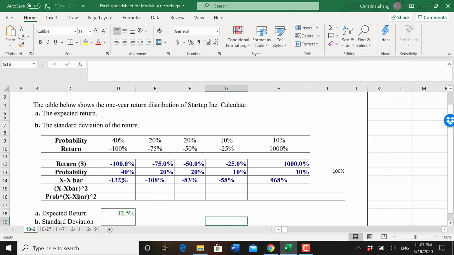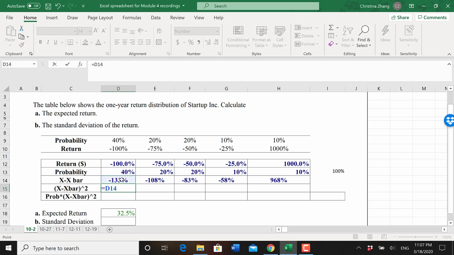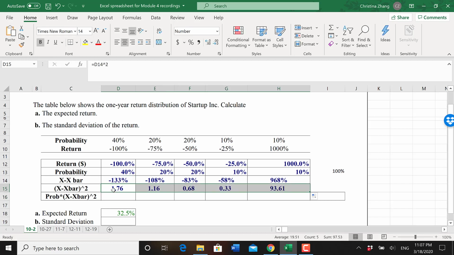Now I'm getting the differences between what I'm going to receive in reality versus what I expect to receive. This is the gap I'm talking about. Because standard deviation goes through the variance route, and variance is a square term, you have to make sure to square every difference. So I'm just going to square this term and go across.